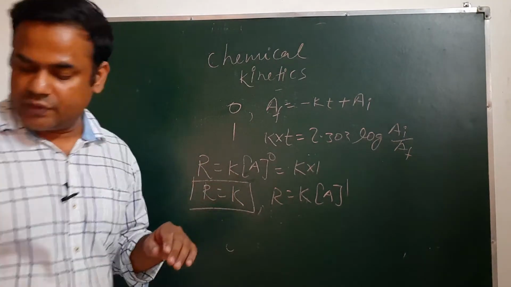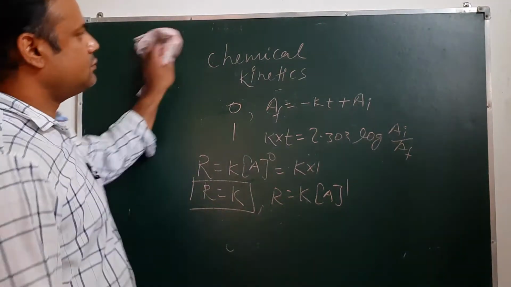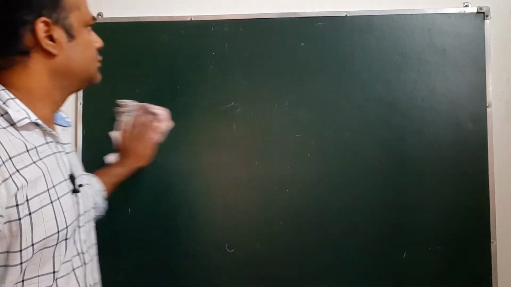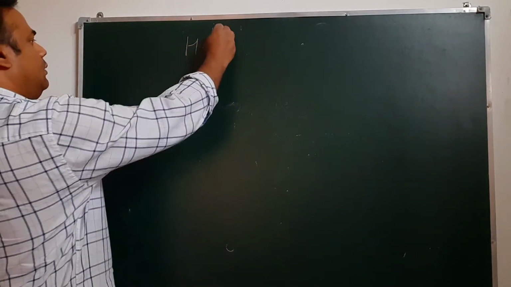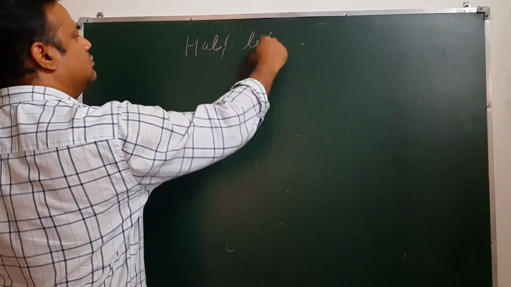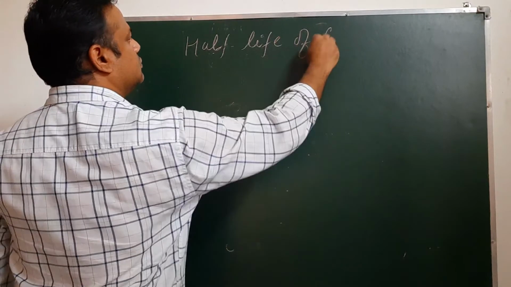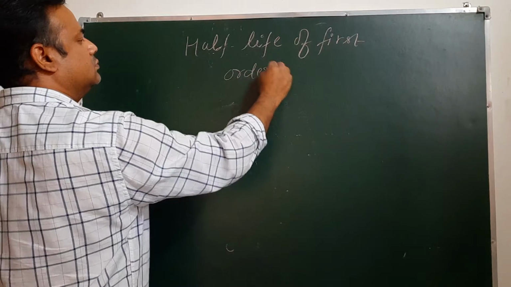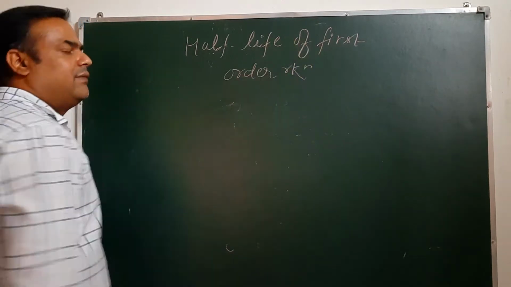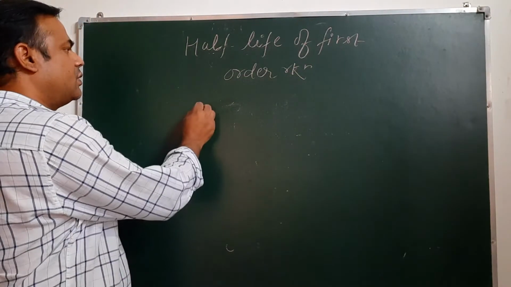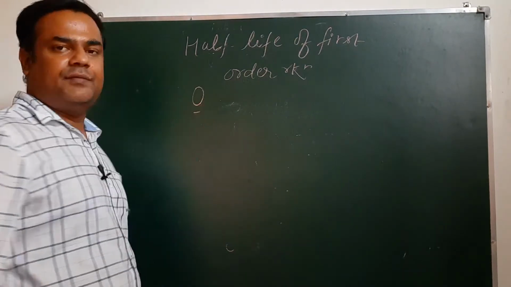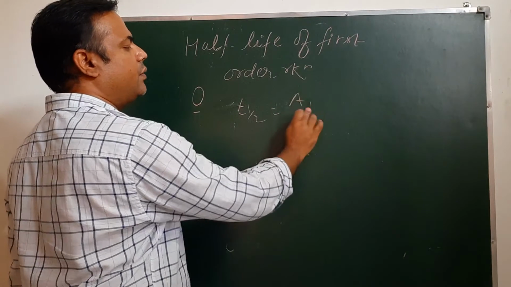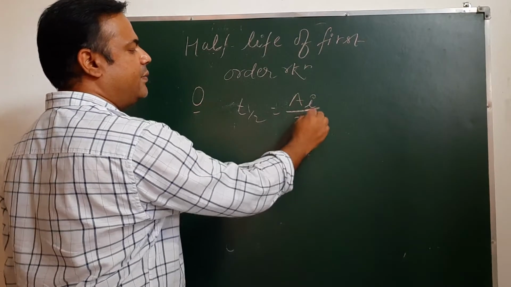Now if we talk about the half life of first order reaction, then in case of zero order reaction half life is given as T half equals to A naught, initial concentration, divided by 2K.